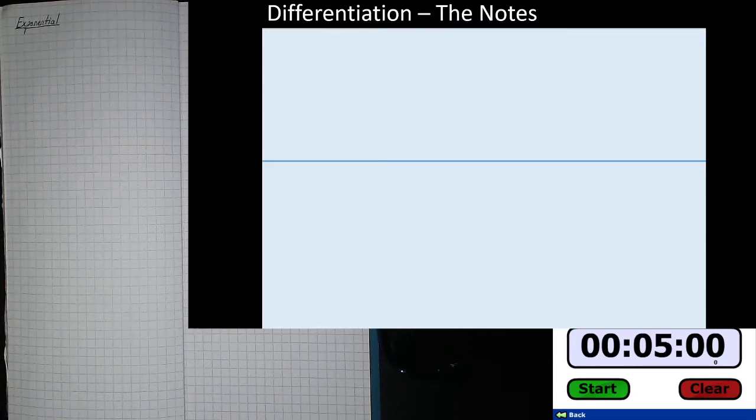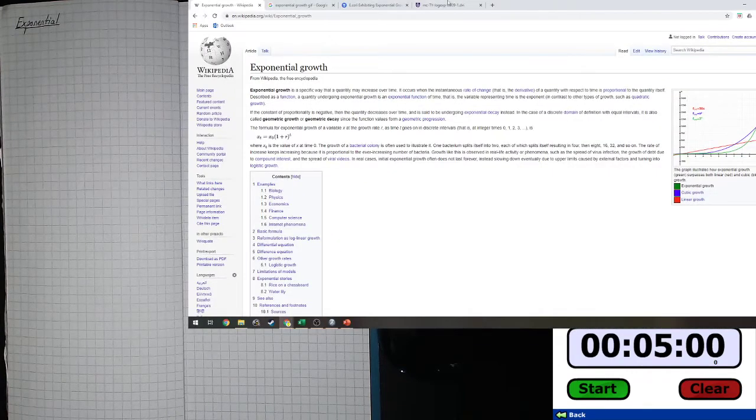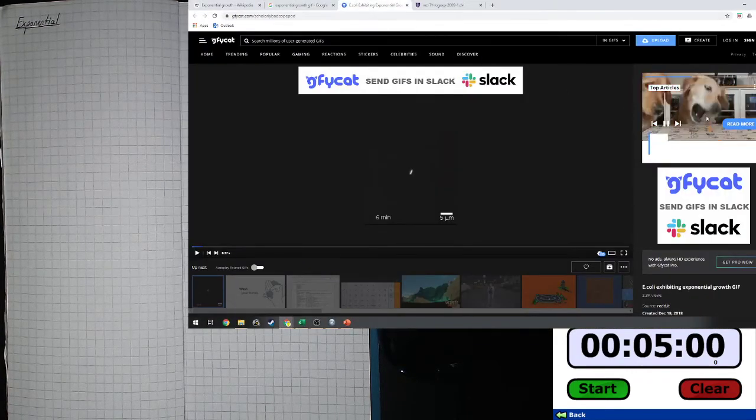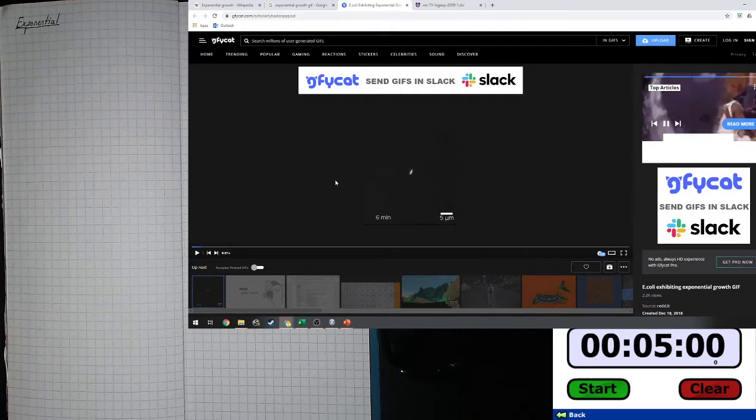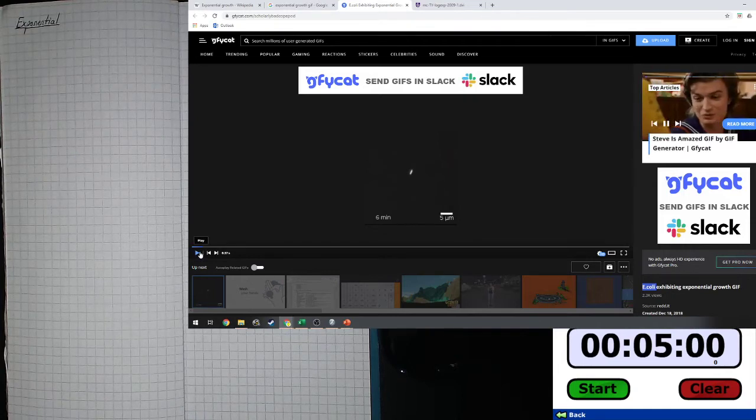And without directly referring to a particular disease that's going around at the moment, I wanted to show you a GIF which isn't about that particular disease, but about E. coli instead. You'll notice that when I hit play, to start off with it doesn't grow very quickly.